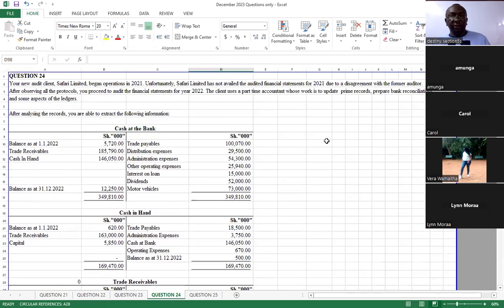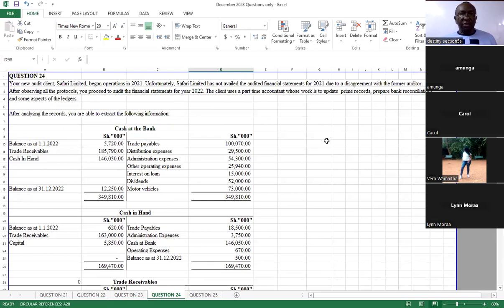The question says that your new audit client, Safari Limited, began operations in 2021. Unfortunately, Safari Limited has not availed the audited financial statements for 2021 due to a disagreement with the former auditor.